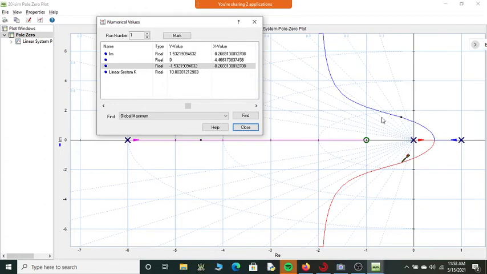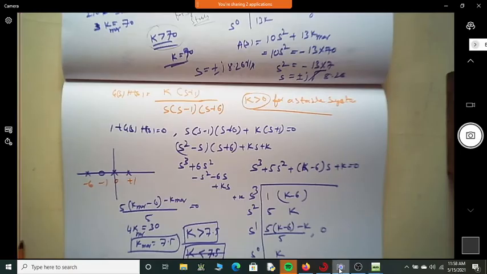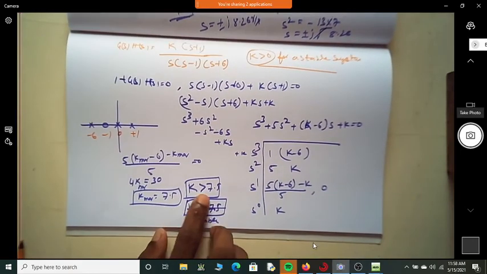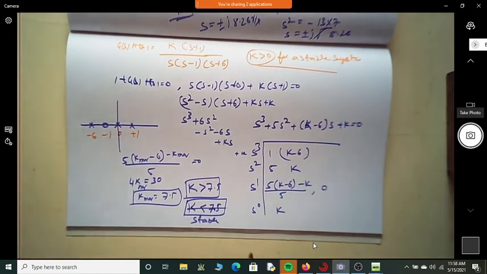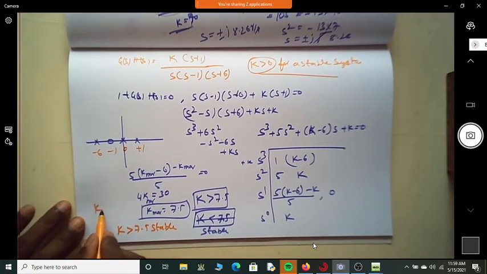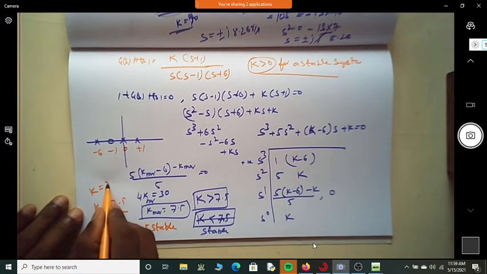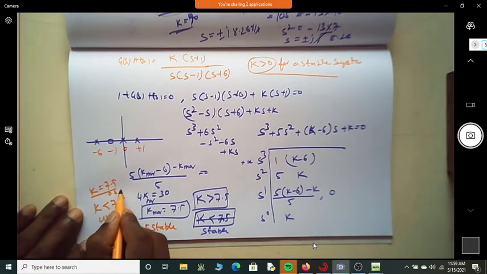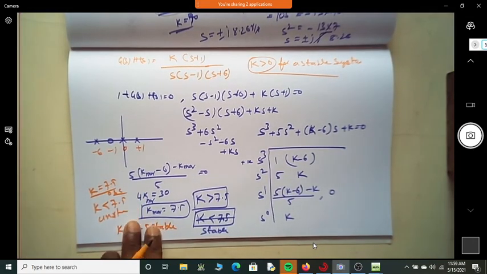So what is the answer for this now? The answer for this problem is if the value of K is more than 7.5, the system is stable. So K greater than 7.5 stable, K less than 7.5 unstable, K equal to 7.5 oscillates. If it oscillates, what is the frequency of oscillation?